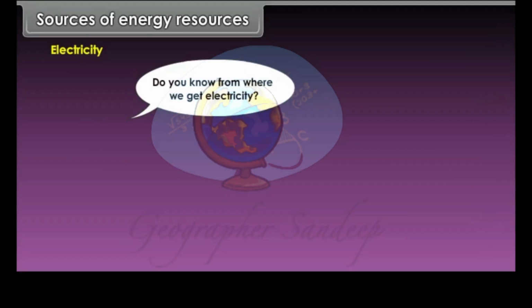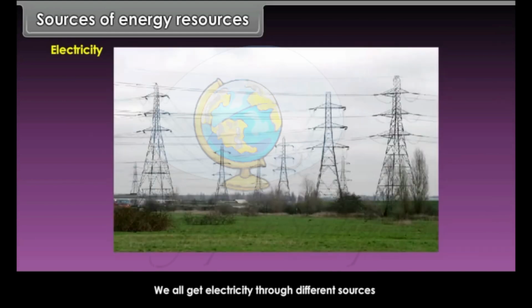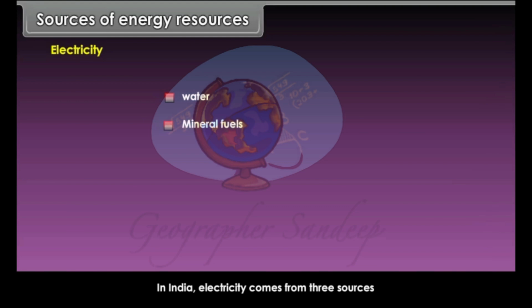Electricity. Do you know from where we get electricity? We all get electricity through different sources. In India, electricity comes from three sources: water, mineral fuels, and atomic minerals.